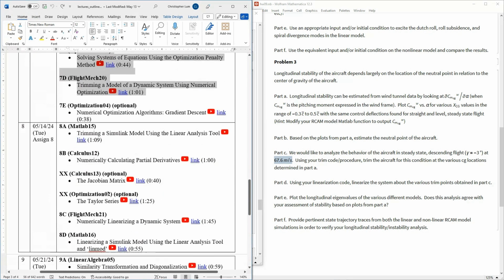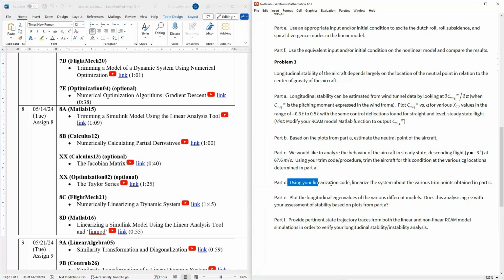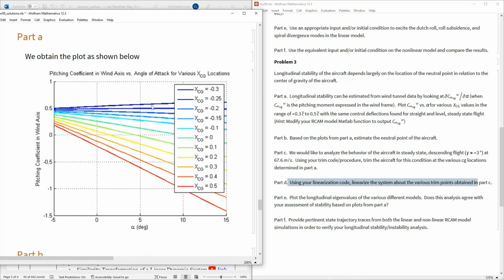You now have a system to numerically linearize your aircraft about any given trim point. So take each of those trim points and linearize your system about each one. For each of these curves, you now have a different trim point and also a different linear model.